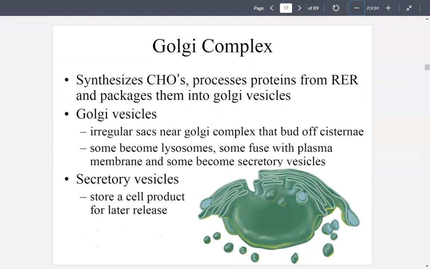And those that fuse with the plasma membrane and secretory vesicles are exactly what they sound like. They're going to enable the removal of substances into and out of the cell. Specifically, secretory vesicles are going to store it for a later release. So it's a very temporary storage.